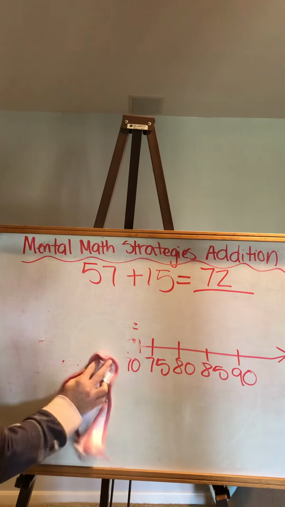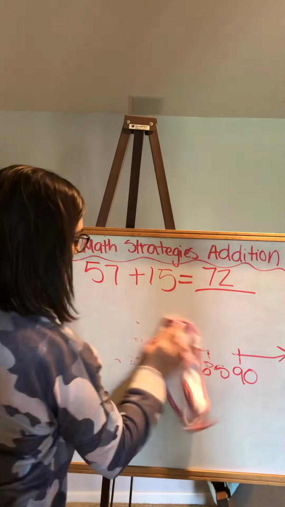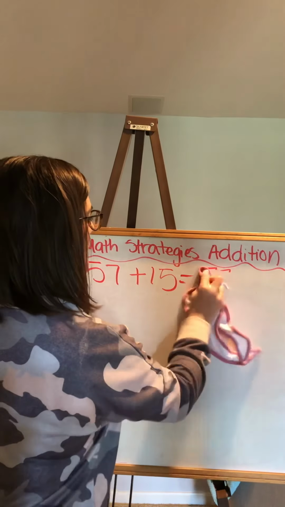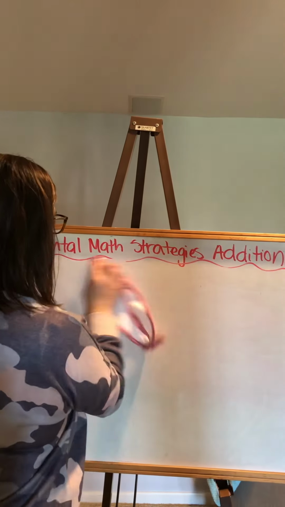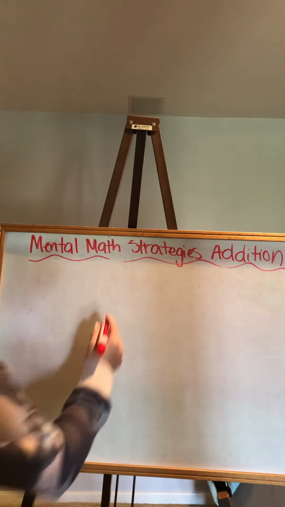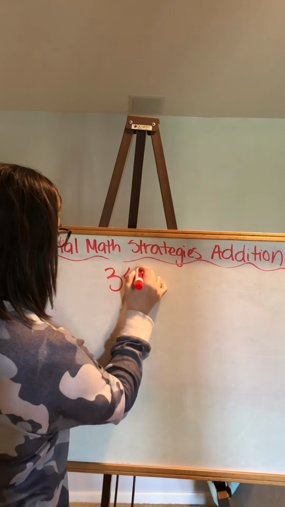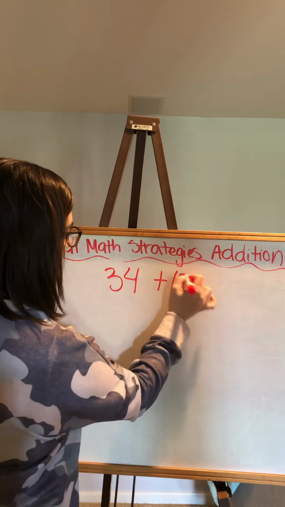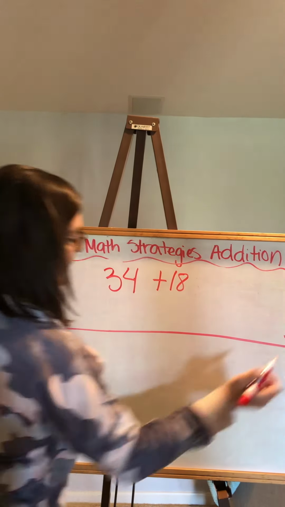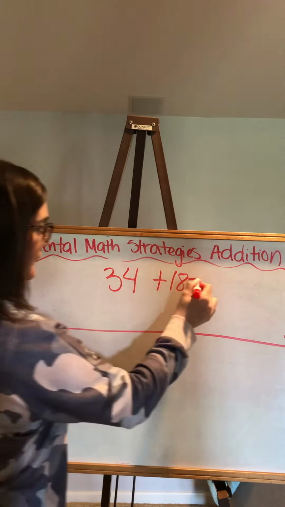Now, let's do another one. All right, let's do another here. Let's do 34 plus 18, okay? Again, we're going to use tens and ones to find our answer.